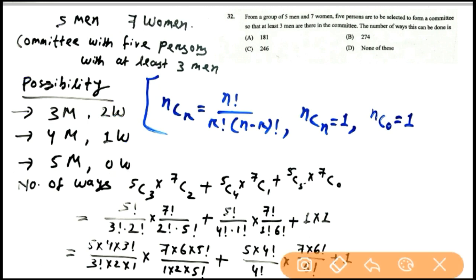So these are the possibilities. Before that, here the combination nCr equals n factorial divided by r factorial into n minus r factorial, and nCn equal to 1 and nC0 is 1.